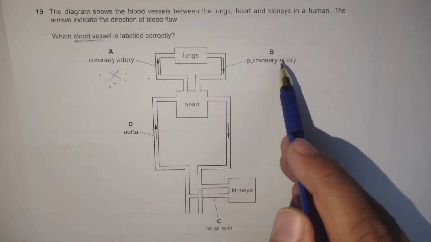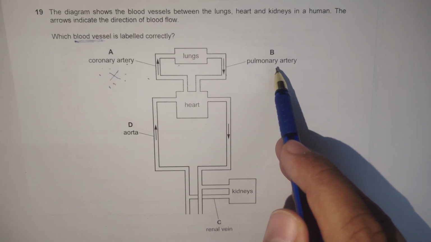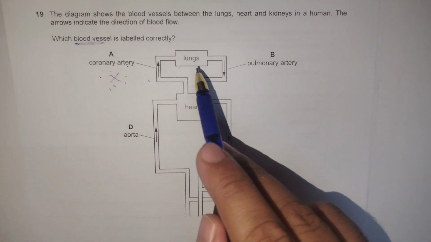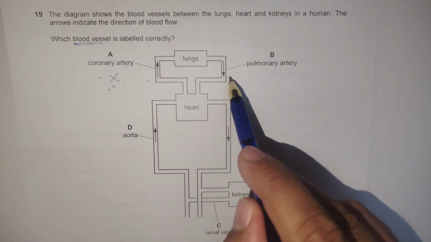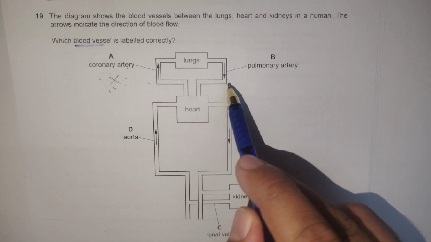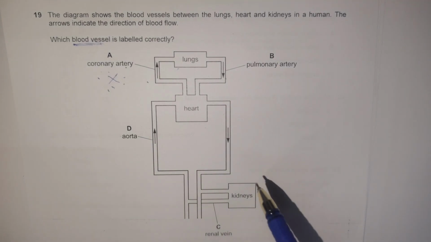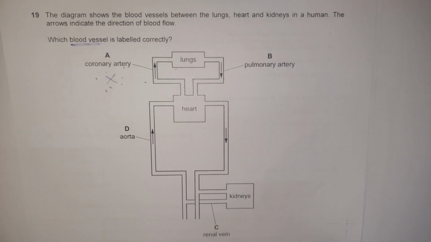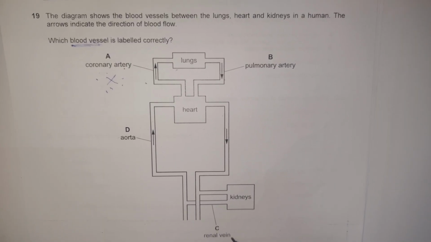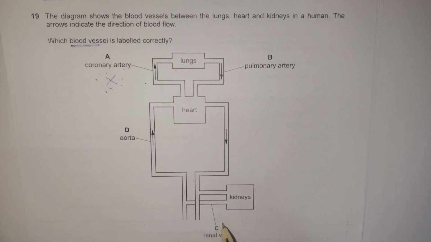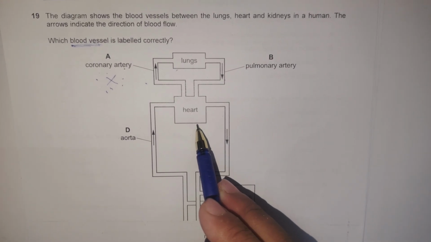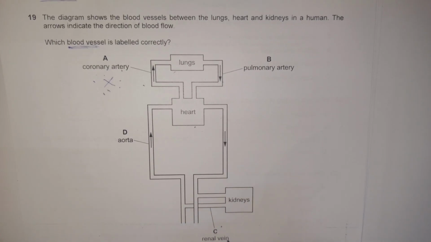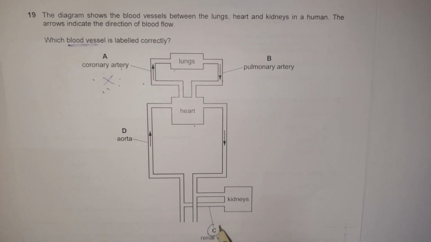Next is pulmonary artery. It carries deoxygenated blood from the heart to the lungs. You can see it is also labeled wrongly. Next, the renal vein. This is labeled correctly. It carries deoxygenated blood from the kidneys back towards the heart. Here the arrow is missing. Okay, so the correct option is renal vein.